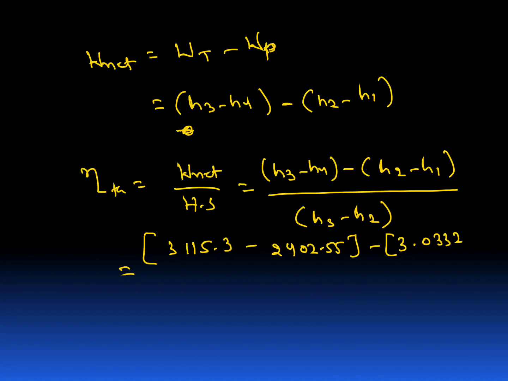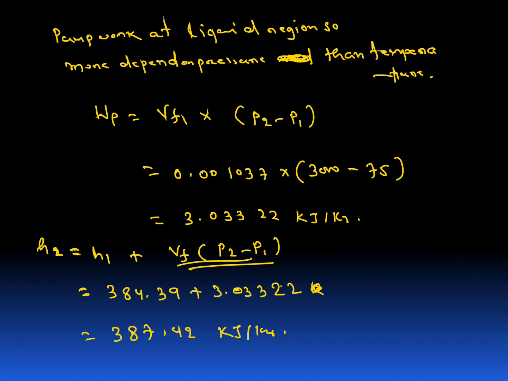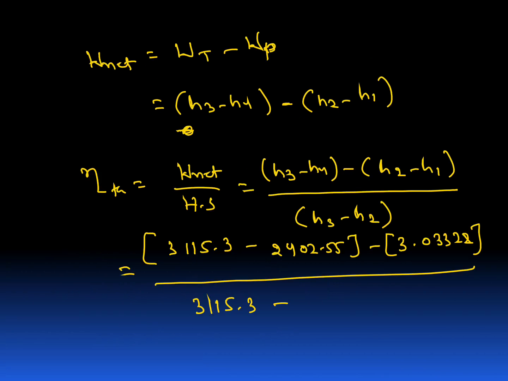Then H3 is 3115.3, H2 is 387.42. If you solve this one, finally you will get thermal efficiency equal to 0.2601, and in percentage terms 26.01%. This is your answer.